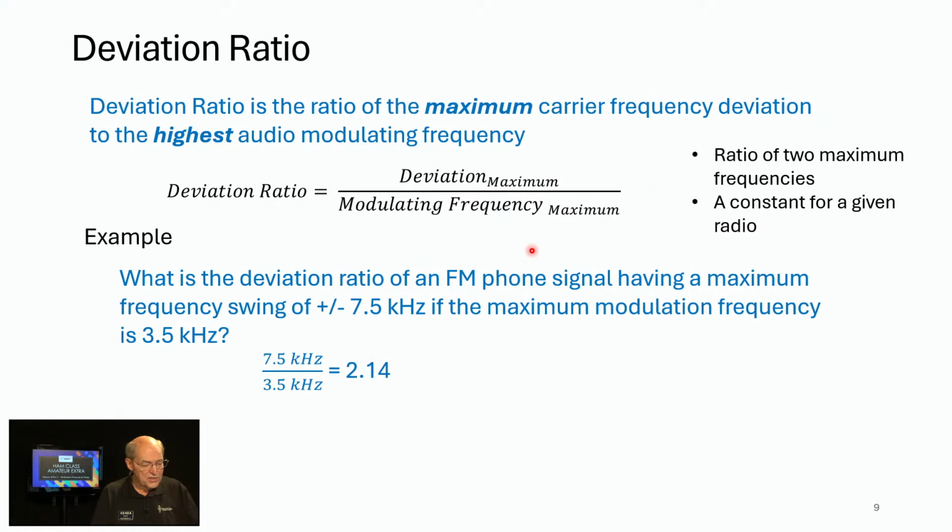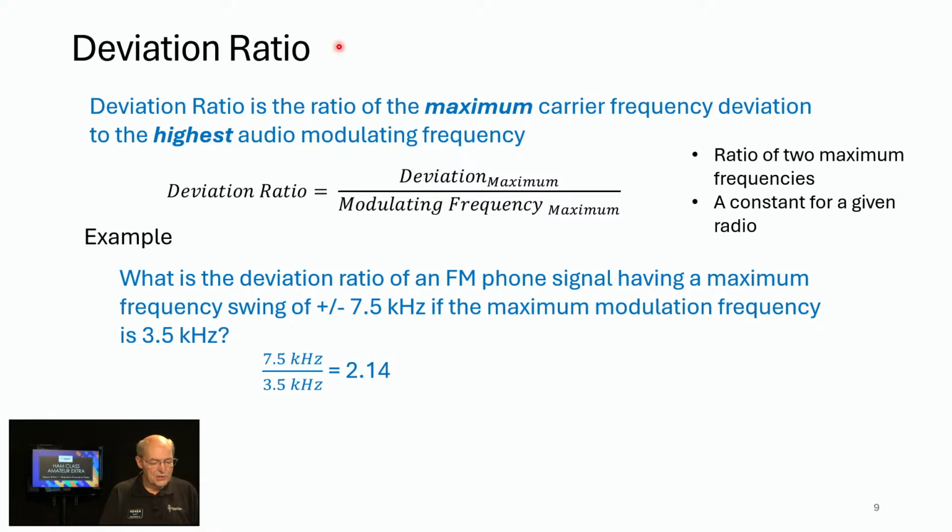So here's the first thing that we're really adding in the extra material, the deviation ratio. And a couple of tricks to help remember this. Deviation ratio is the ratio of the maximum carrier frequency deviation to the highest audio modulating frequency.